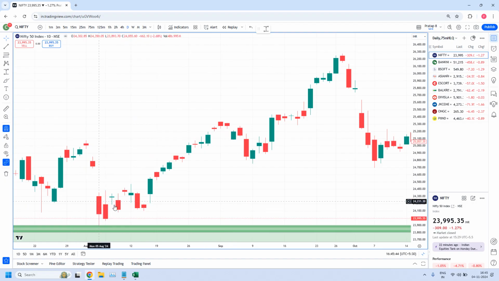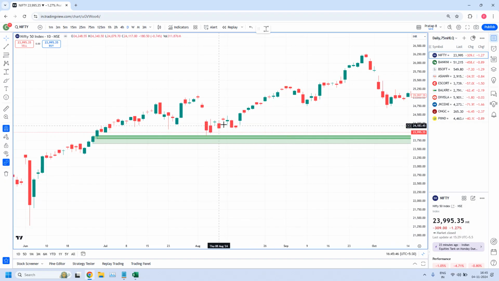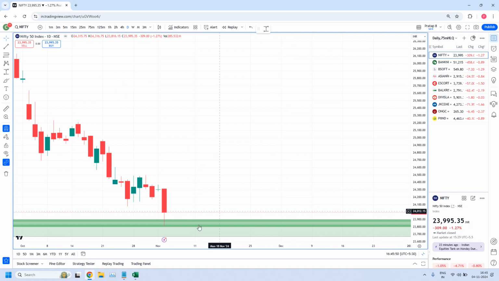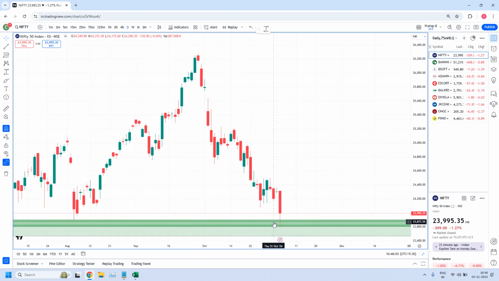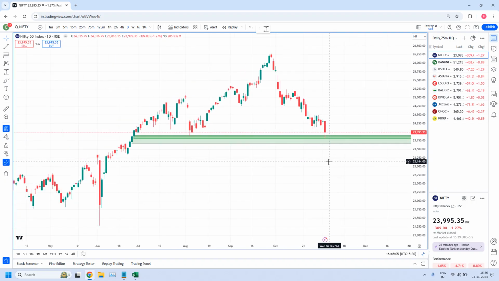See the rejection here, and the continuation: it gave a very good move for the long term also. But today again you see a very big rejection, and whether it is going to move further or not depends again on our demand and supply zones in the coming days. But from today's intraday point of view, it is already proven.